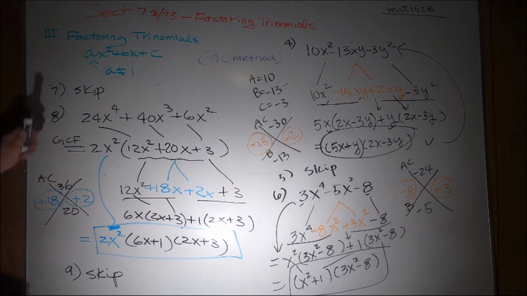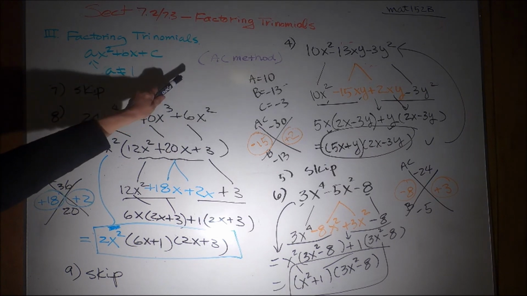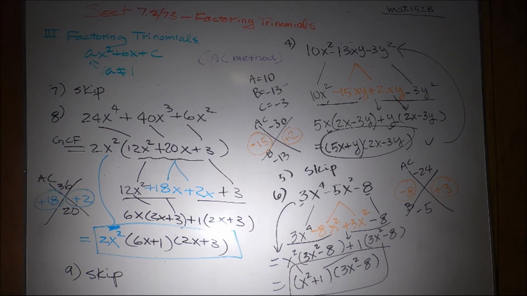If a is 1, you can just break down into x plus something multiplied together. If a is not 1, you need to use the AC method. This would be our section 7.2 and 7.3.